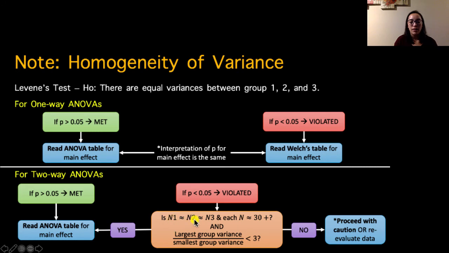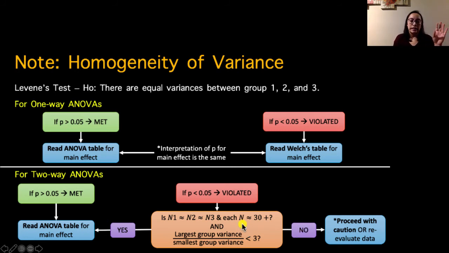If your sample sizes are relatively equal to each other, and each sample size is about 30 or more, so you have relatively equal sample sizes that are large, and your largest group variance divided by your smallest group variance is less than the value of 3, you can reasonably say the ANOVA test is probably robust enough to account for any differences in variances between groups. So in that case, if we meet that criteria, we can go ahead and read our ANOVA table and assume that the test is robust enough to take care of the violation, or such that the violation doesn't affect the results of our test.